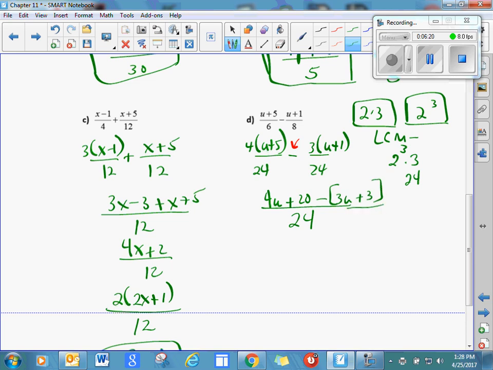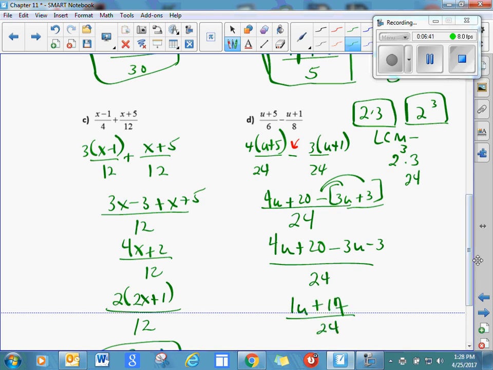And I'm putting that in a grouping symbol to remind you that your next step will be distributing the negative 1. So 4u plus 20 minus 3u minus 3 all over 24. Cleaning it up, I get 1u, or just u, plus 17 over 24.